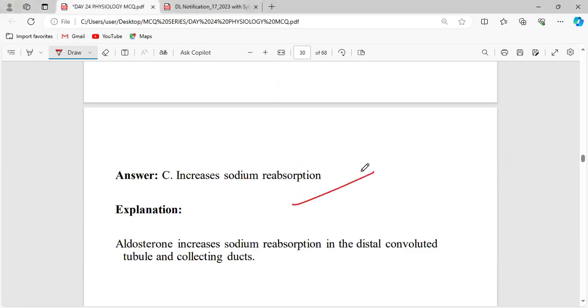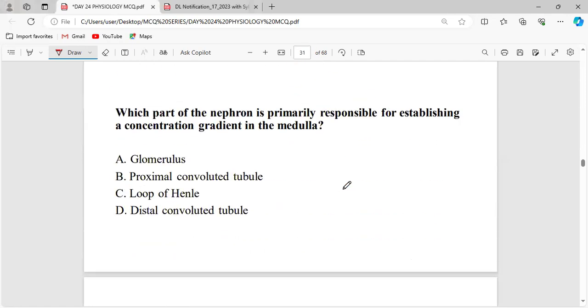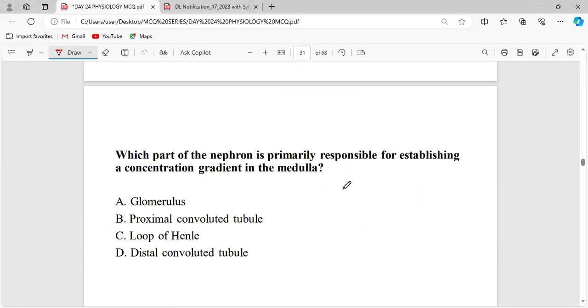That will be sodium reabsorption, okay? Sodium reabsorption and potassium secretion. And which part of the nephron is primarily responsible for establishing a concentration gradient in the medullary region? Concentration gradient.